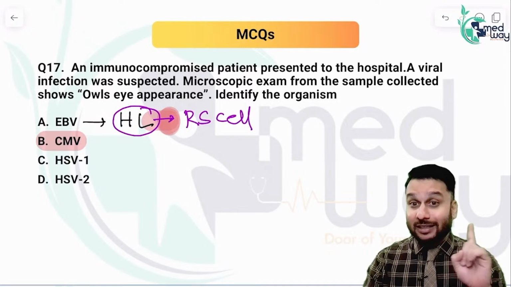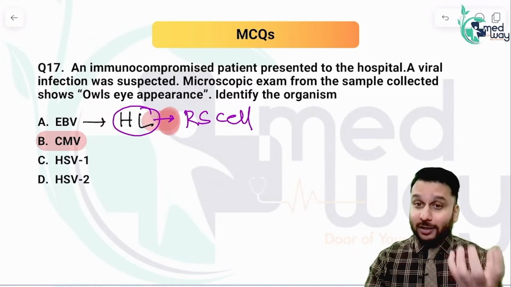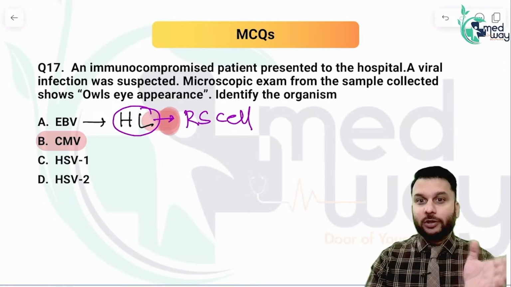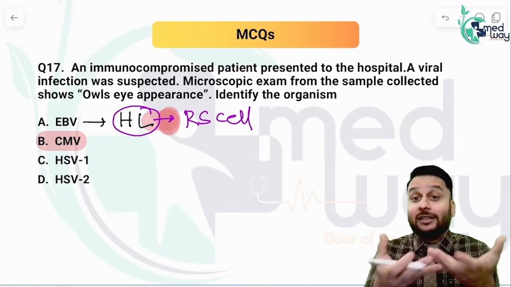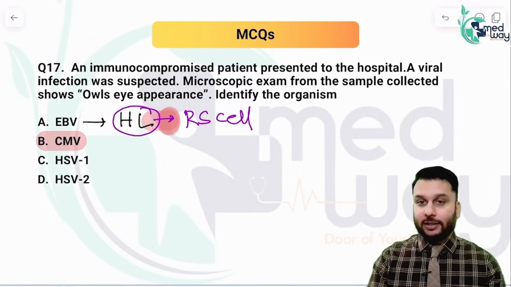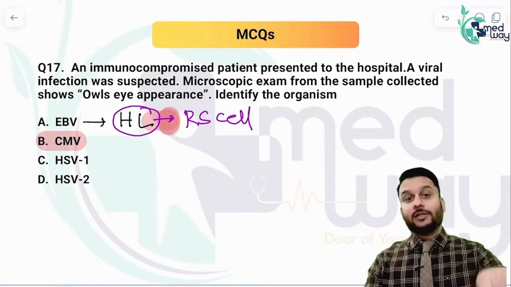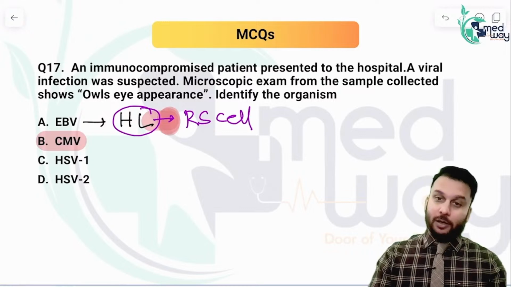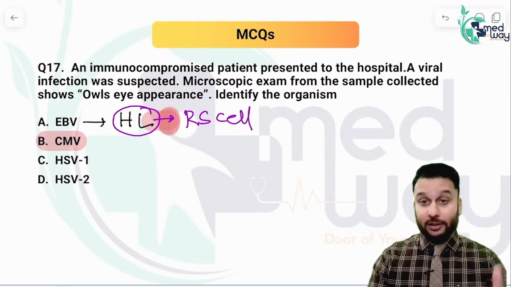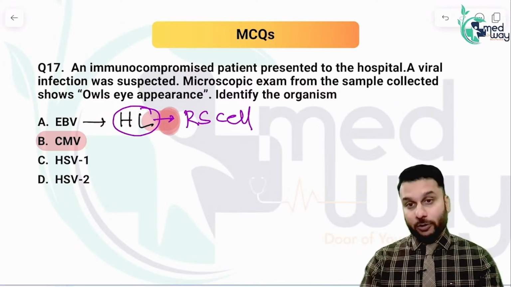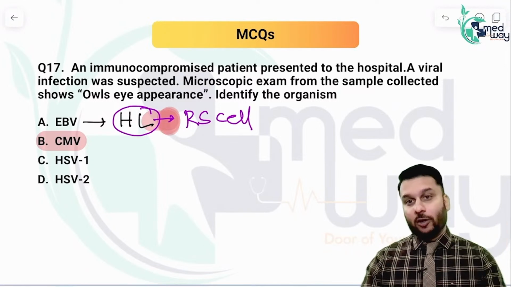The RS cell also has a roughly owl's eye appearance. So people skip the middle part: it's seen in the cancer, not due to the virus directly. EBV doesn't do that. EBV is associated with one cancer, and the cancer has that appearance, the RS cell. The RS cell is used to distinguish between Hodgkin's lymphoma and non-Hodgkin's lymphoma. It is positive with Hodgkin's.